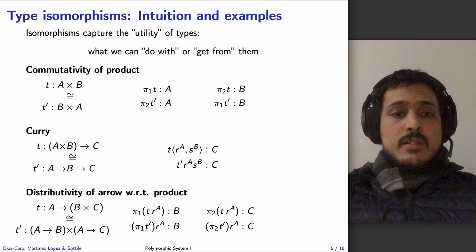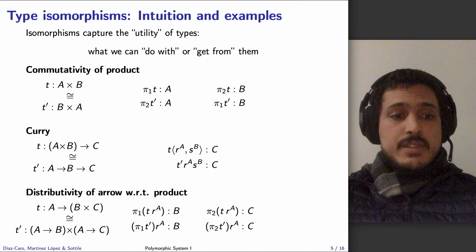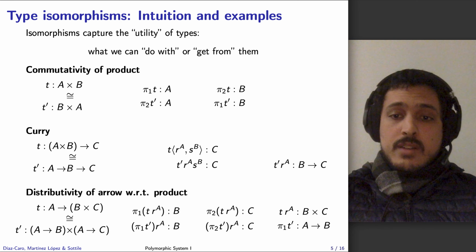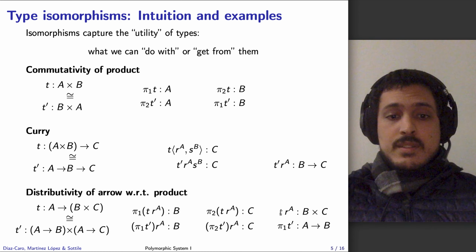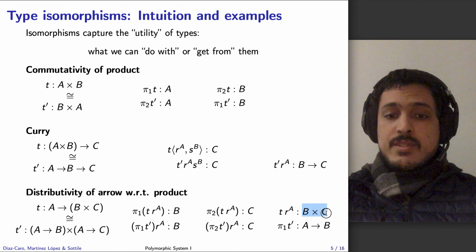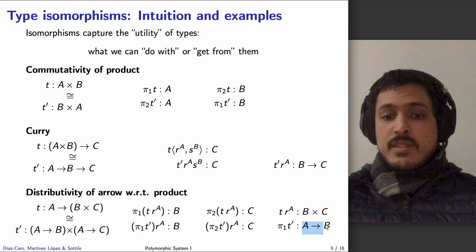But there are also some intermediate combinations, right? Not eliminating all of the constructors in the term. Like, for example, this t prime getting applied with just one argument gives out a function from B to C. This t being applied and not projected results in a pair, and this t prime being projected results in a function.